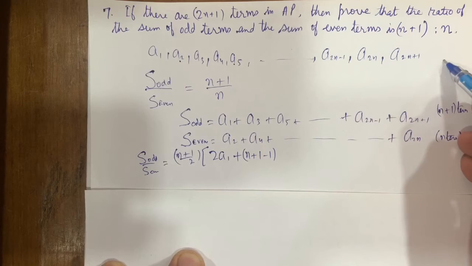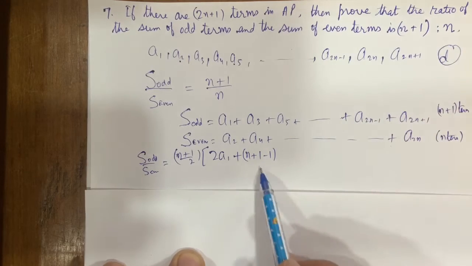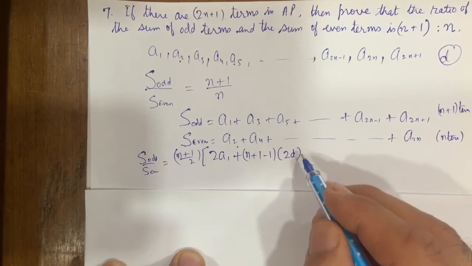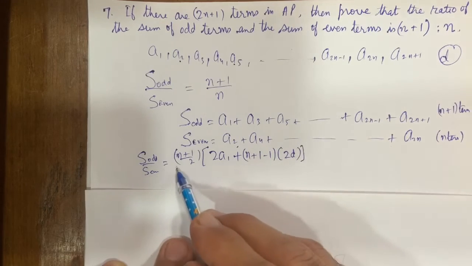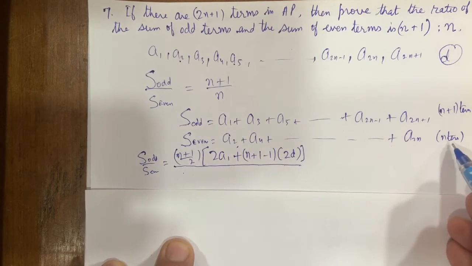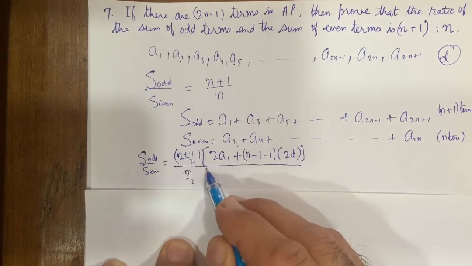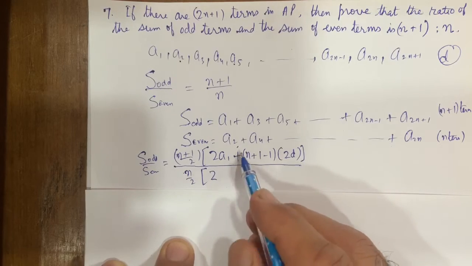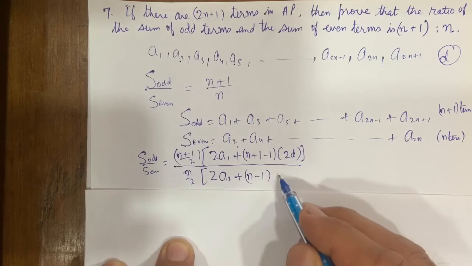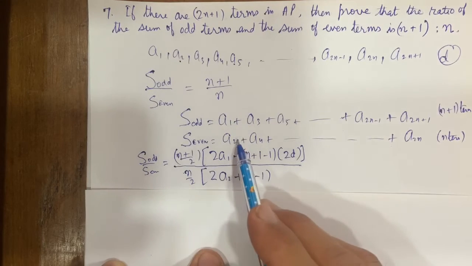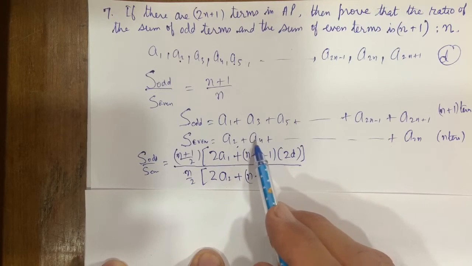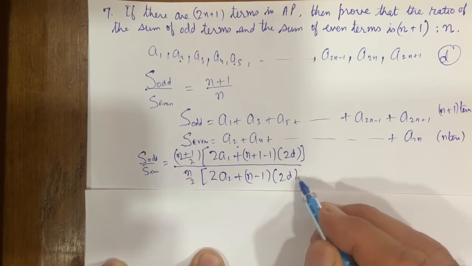So let us say the common difference of the AP is D. When we are considering odd terms only, the common difference will be double, it will be 2D, divided by the sum of even. The number of even terms is n, so n by 2, 2 times the first term here, which is a2, plus n minus 1 into common difference. Here also the common difference will be double, because after the second term we have the fourth term, so this minus this will be 2 times the common difference.